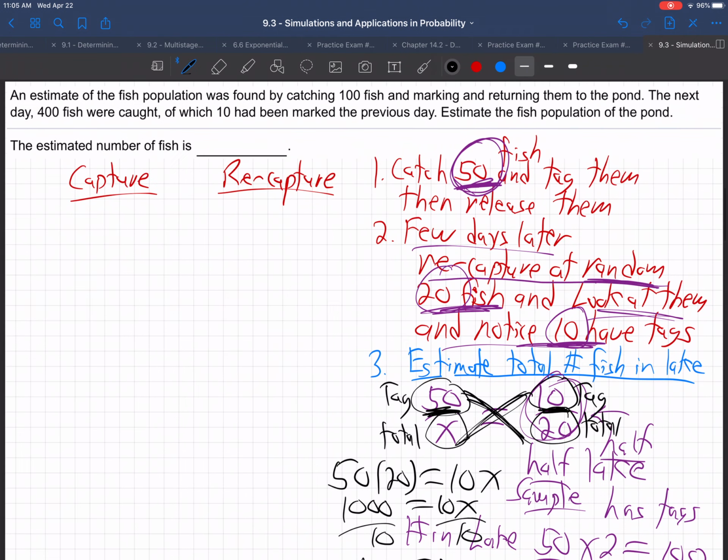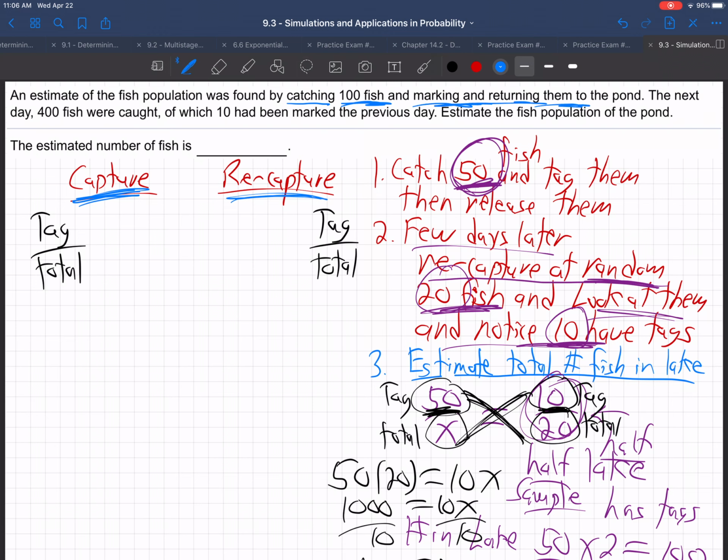The key formula on these fish problems is tag over total equals tag over total. For the capture phase, we start with the capture, and then we end with the recapture. In the first capture, we catch 100 fish, and an estimate of fish was found by catching 100 fish and marking and returning them.